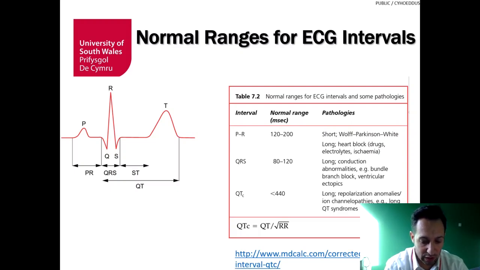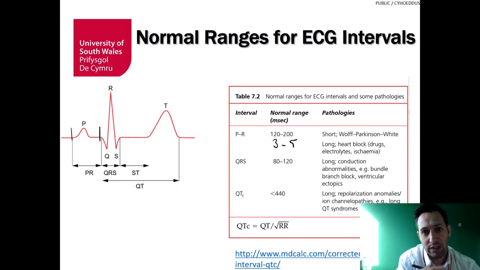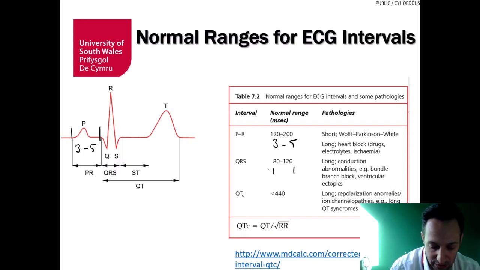So if we're talking about small squares on an ECG, 120 to 200 milliseconds becomes 3 to 5 small squares, which means that when you look at this PR interval to figure out whether atrial contraction and depolarization is taking the length of time that it should, you know that this should be 3 to 5 small squares. That means 80 to 120 milliseconds is 2 to 3 small squares. So this should be 2 to 3.